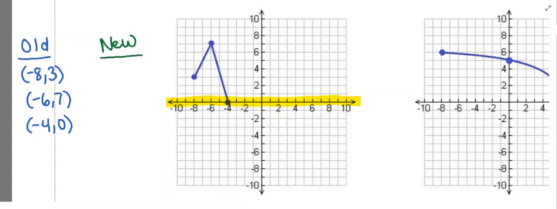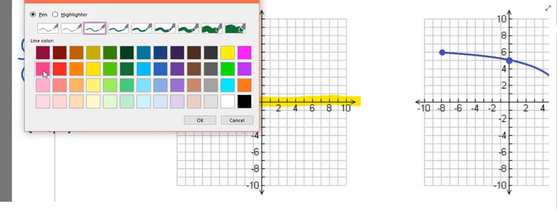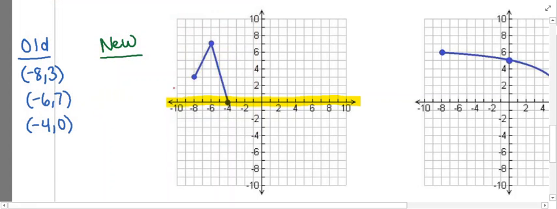I'm going to start with the point at negative 8, 3. Let me get a different color here. Since I am folding my sheet of paper along the x-axis, I am going to draw towards the x-axis. If I start with this point right here and I'm trying to figure out where it's going to go, I'm going to count boxes.